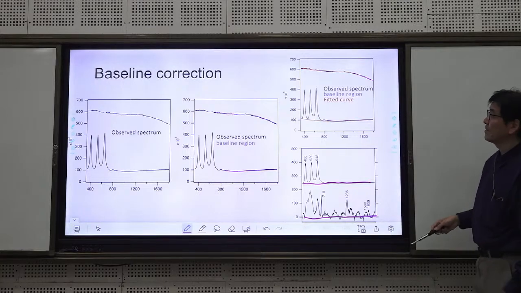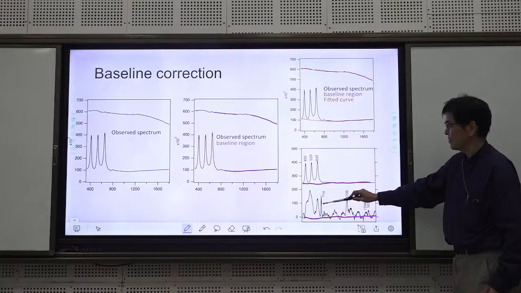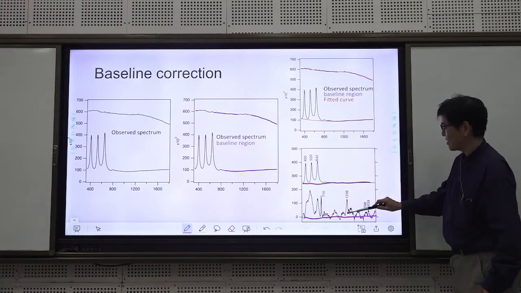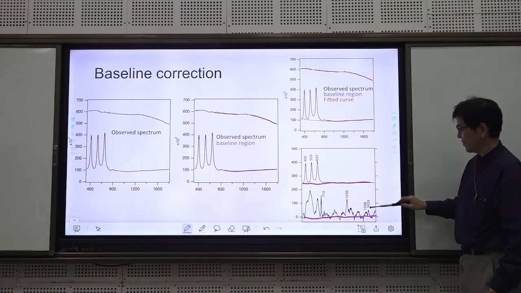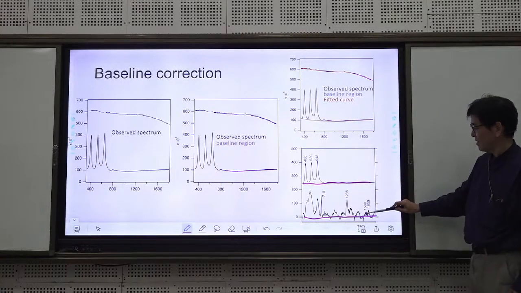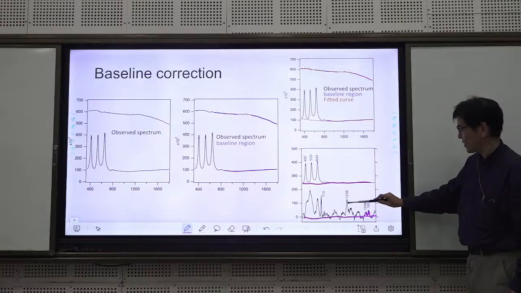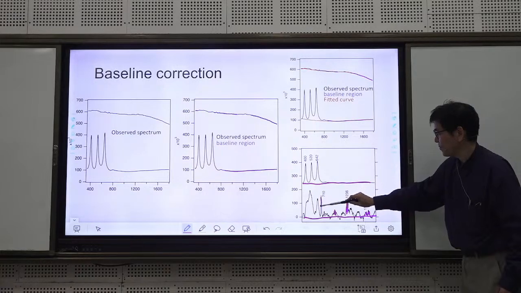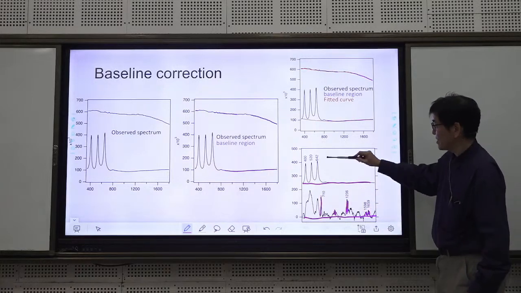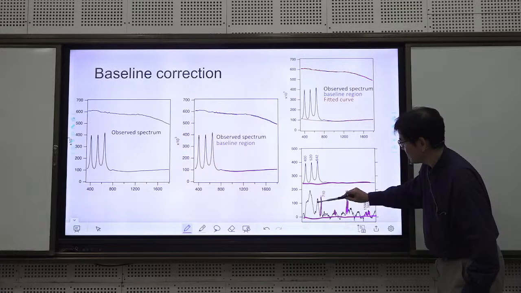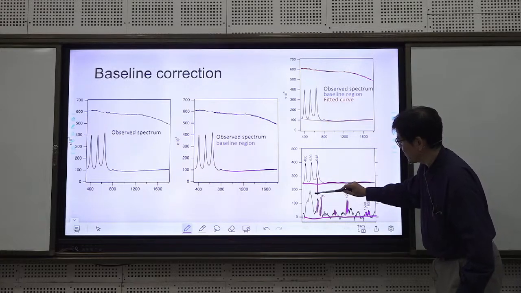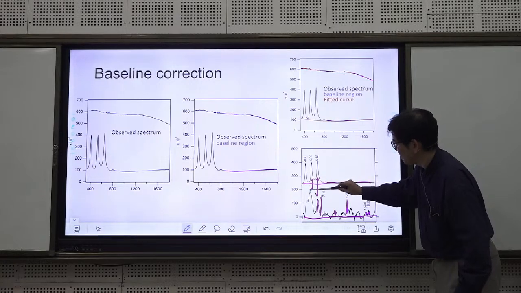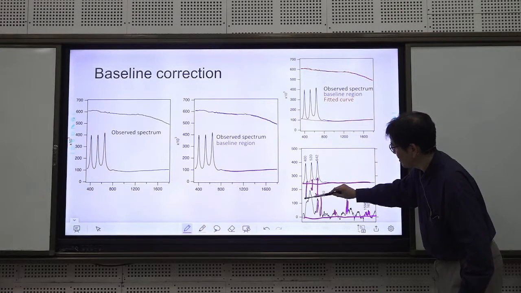And you see, here is a sharp peak, 710. Here is a sharp peak, 1236. And there are two peaks. Actually, they are expected from the molecular structure. And you see, this peak corresponds to these three.